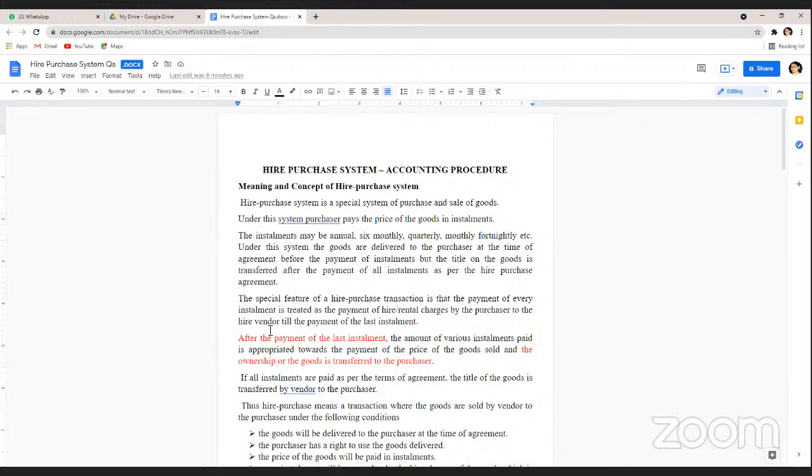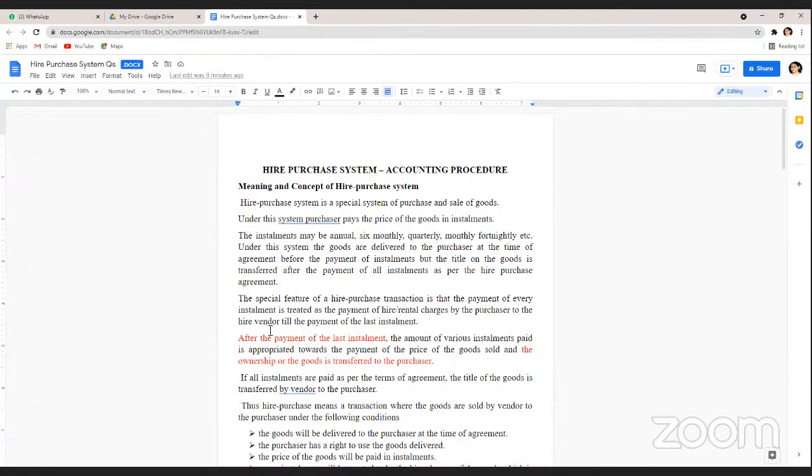Generally, in the hire purchase system, the ownership of the asset transfers on the last installment. When the last installment is paid, then the ownership transfers. Till that period, whatever the hire purchaser pays on the installment basis is termed as rent.